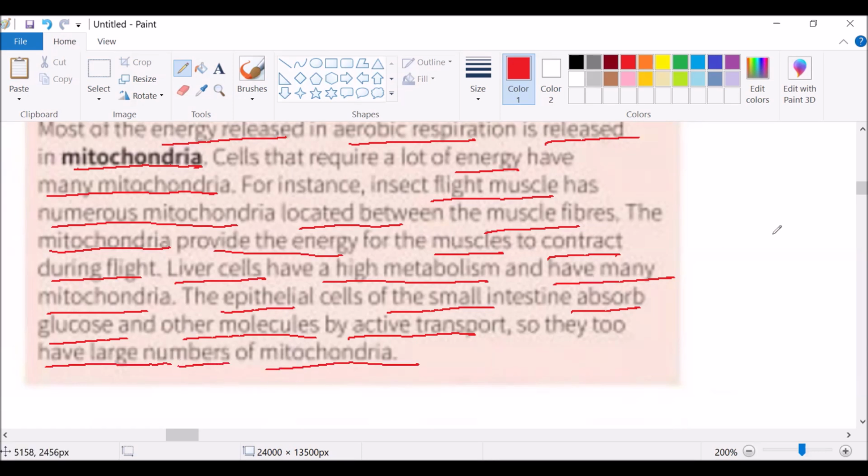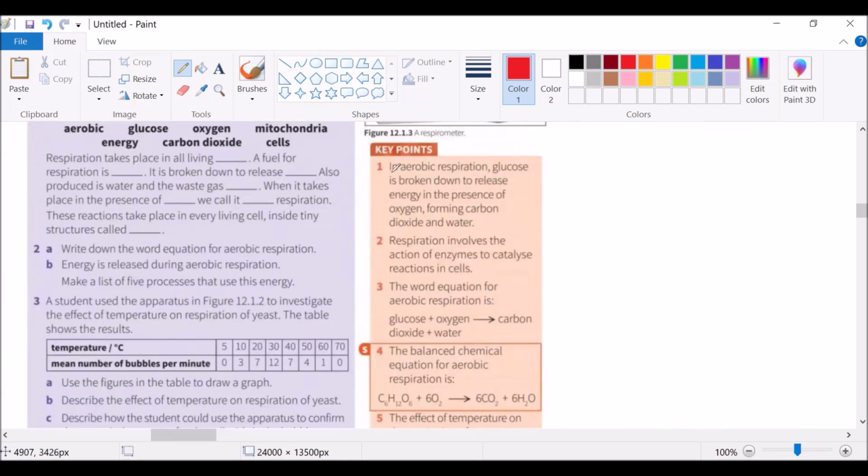of mitochondria. So key points are: in aerobic respiration, glucose is broken down to release energy in the presence of oxygen. So oxygen is an important ingredient for aerobic respiration. This reaction releases carbon dioxide and water. Respiration involves the action of enzymes to catalyze reactions in cells.